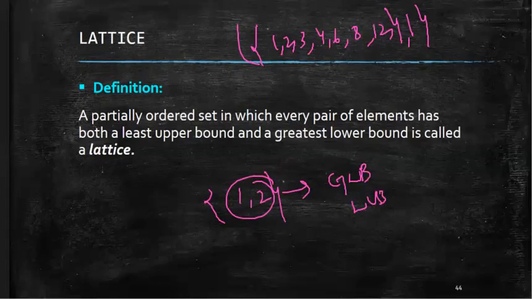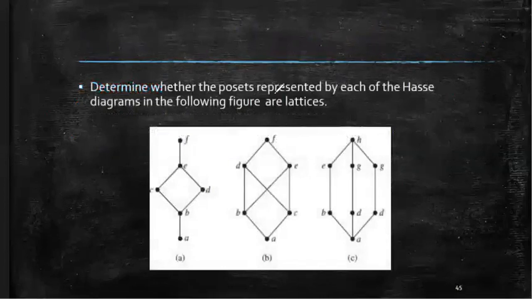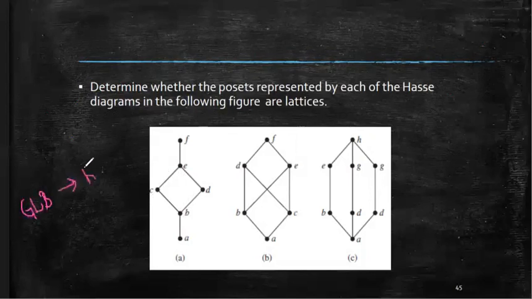Let's see an example with the same. Determine whether the posets represented by each of the Hasse diagrams in the following figure are lattices. So these are the Hasse diagrams. We have to check whether they are lattices or not. In these two cases, A and C, if you take A, B, with respect to A, B, what will be the greatest lower bound? It will be B. What will be the least upper bound?